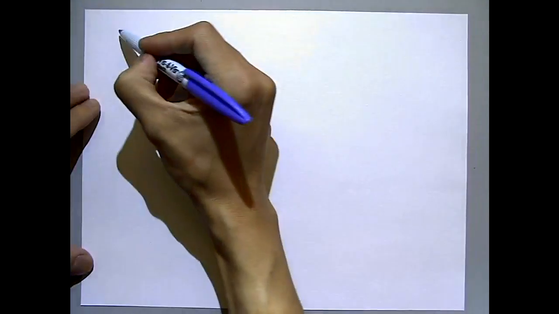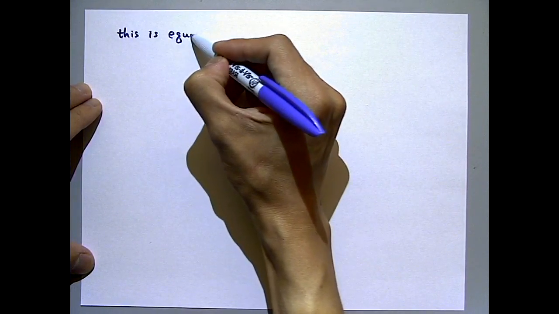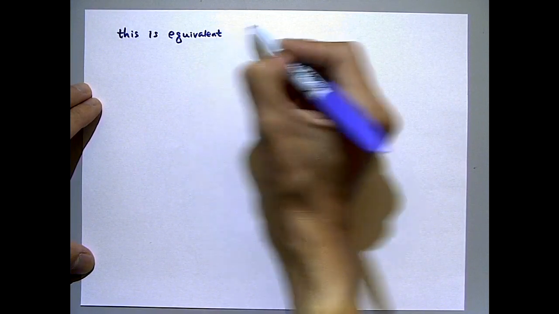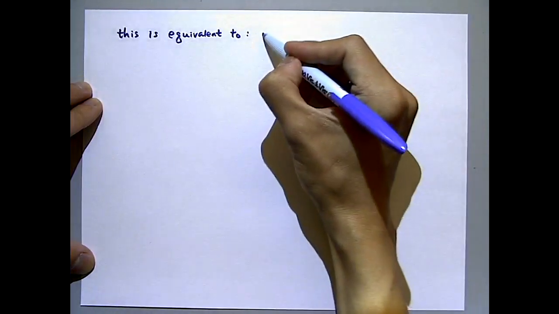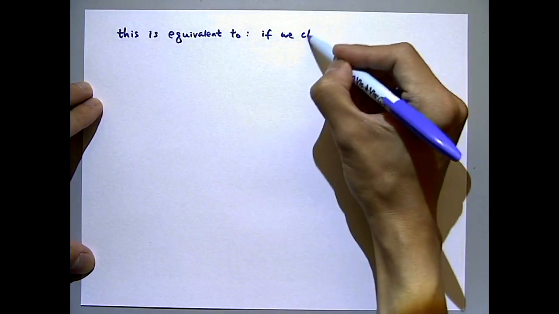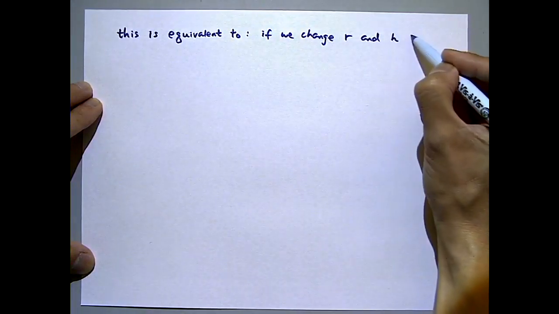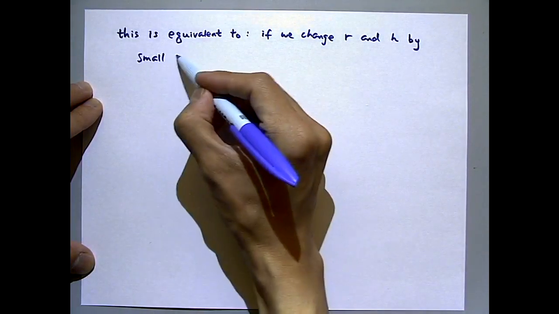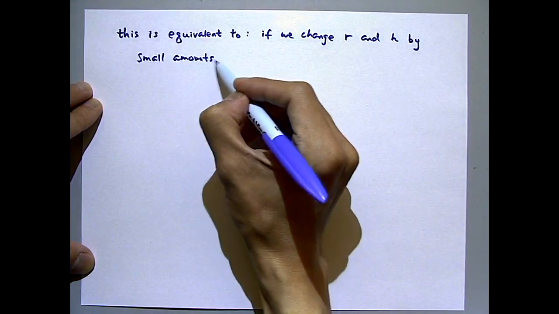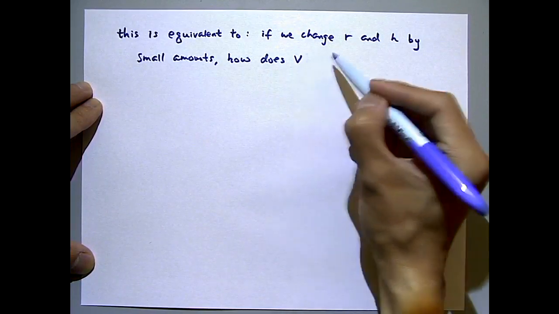Now I'm going to cast this in terms of a linear approximation problem. This is equivalent to this problem that we did last time. If we change r and h by small amounts, how does V change?